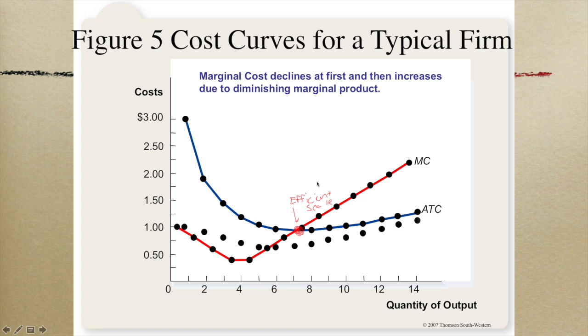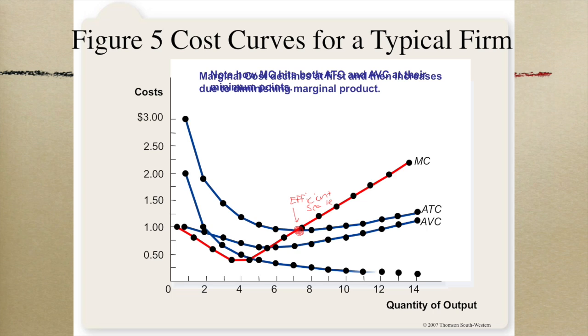Now, the average variable cost is also a horseshoe, and I'll show you the average fixed cost to try to explain why it's shaped the way it is. So average fixed cost is a limit. It starts out really high, so you're dividing a fixed number by an increasing quantity, right? The more I produce, the lower my average fixed costs become.